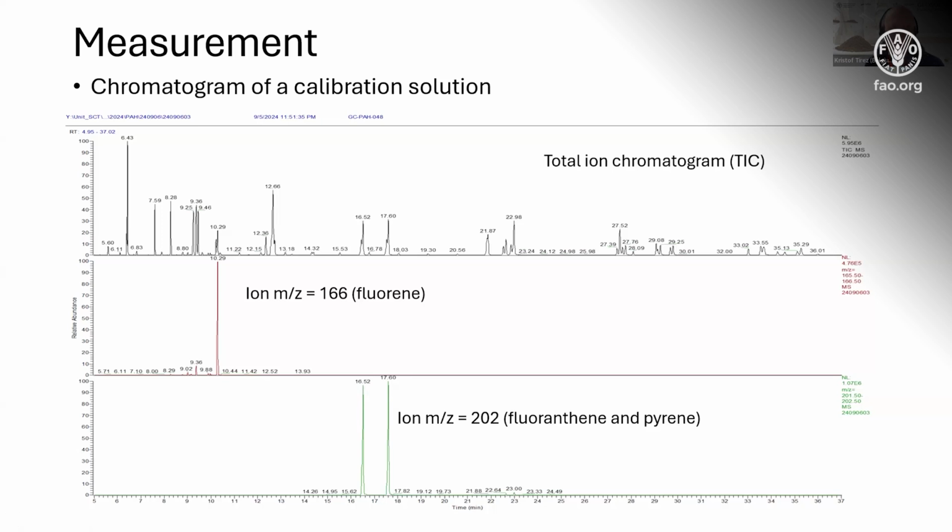And then basically the retention time, the x-axis, gives you an idea, and the mass, so those two you use to select your compound. For instance, this is the calibration standard, and you see we have fluorene at 10.29 minutes, and we have the specific signal on the specific ion. If we have the same in the sample, then we know this peak is fluorene.